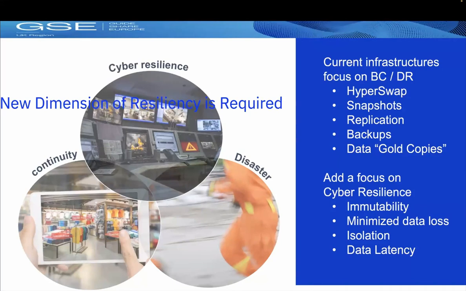But now we have to worry about cyber resiliency. It's a whole other level that we have to talk through. We need to talk about immutable copies that we can take, no one can touch, data isolation, data latency, minimizing data loss, all things that we need to take into consideration in this new dimension.